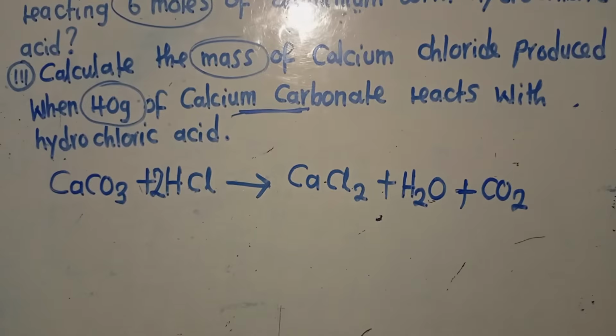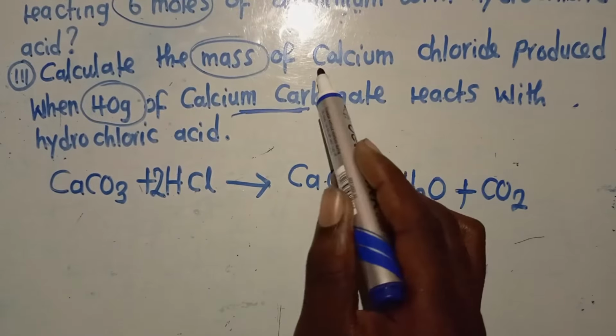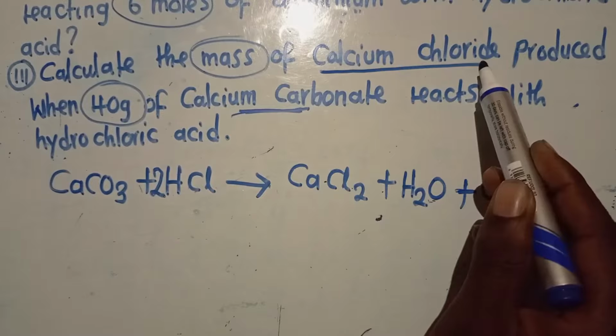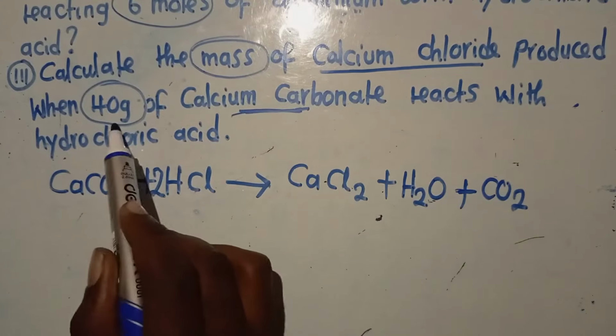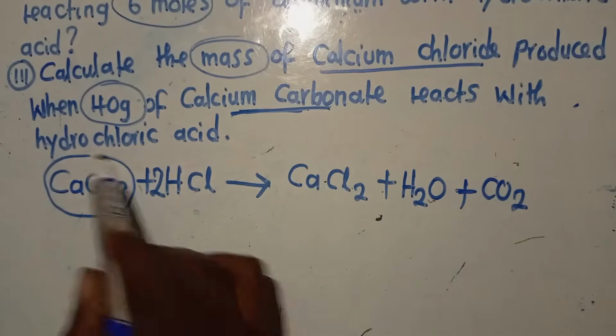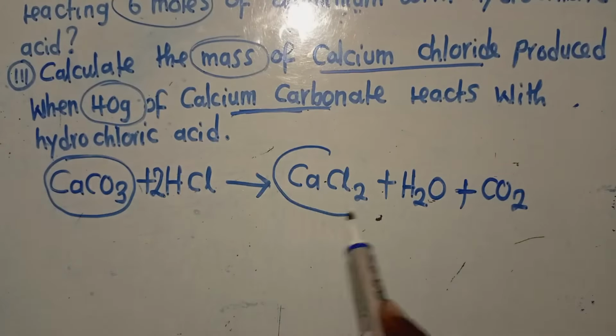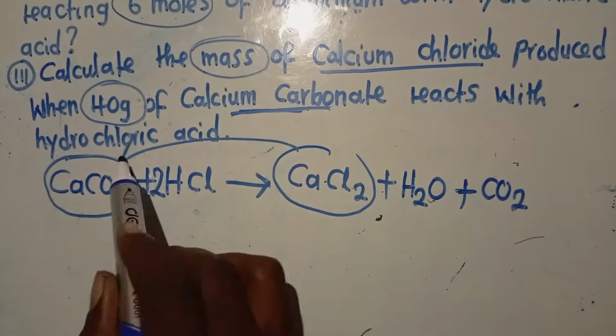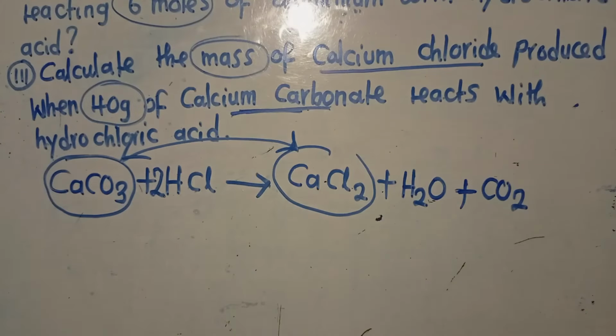The other thing that I need to do now, I know that this is mass to mass. So the relationship is the mass of calcium chloride when 40 grams of calcium carbonate. Calcium carbonate and calcium chloride, the relationship is just between these two, because they are the ones that have been mentioned in the question.